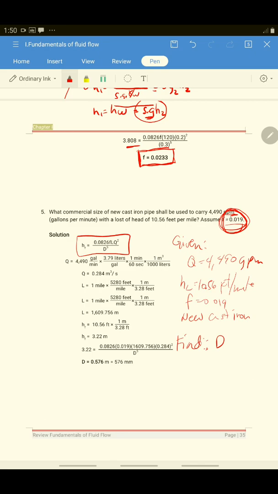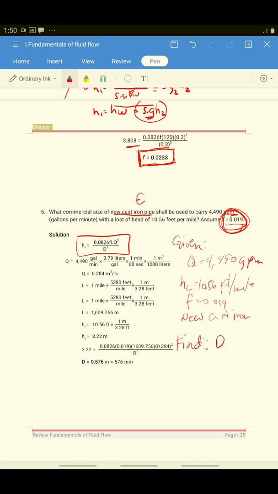Unless the friction factor is not given, you need to identify the type of material, which is new cast iron pipe, and determine the E.